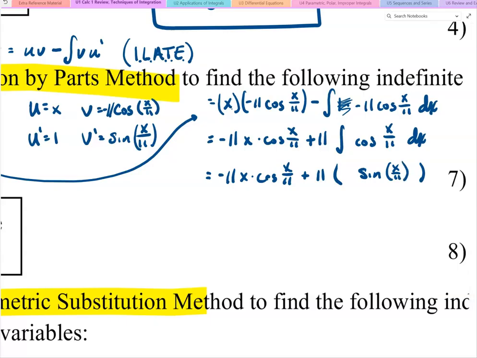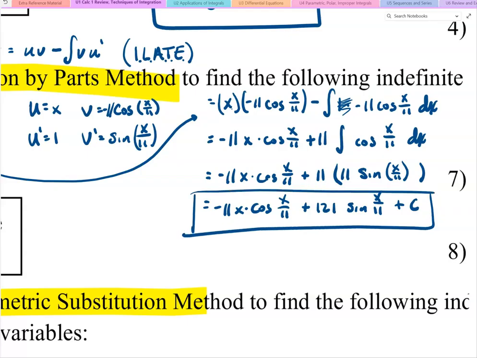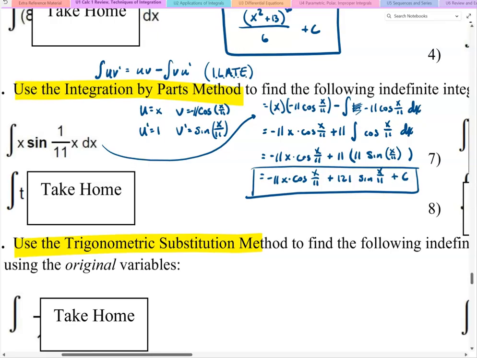And to offset this 1/11th on the interior, we'll multiply that by 11. And finally, we can clean this up: negative 11x cosine x over 11 plus 121 sine x over 11 plus c. And there's our antiderivative using the integration by parts.